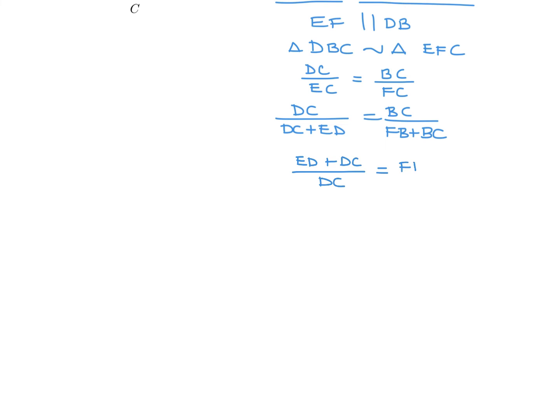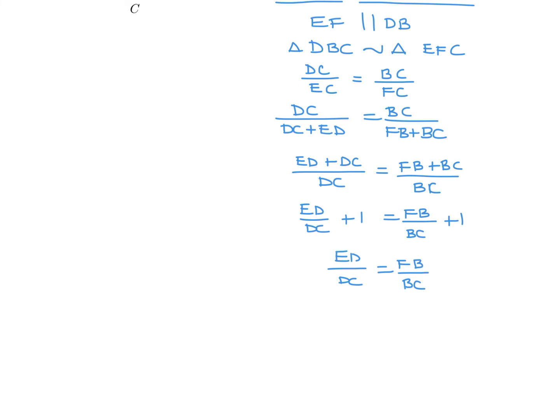And this is FB plus BC over BC. Now, if I break this up, this becomes ED over DC plus 1. And this becomes FB over BC plus 1. And therefore, finally, we can conclude that ED over DC is equal to FB over BC.